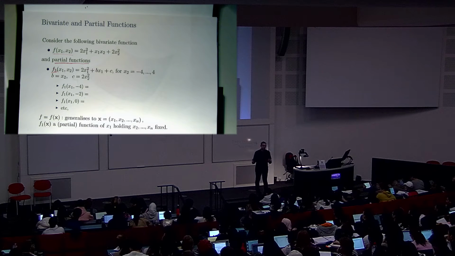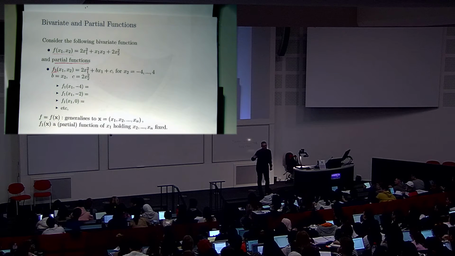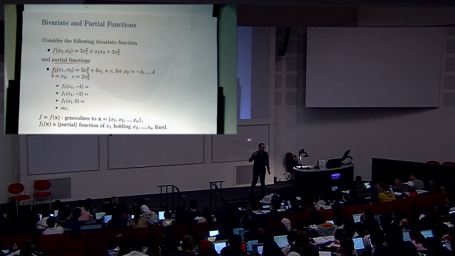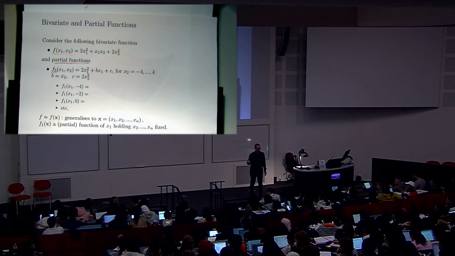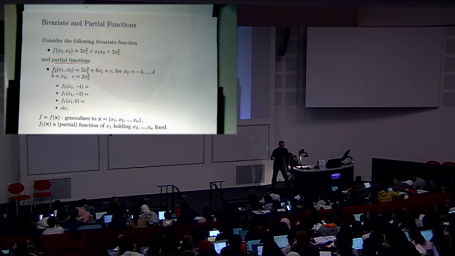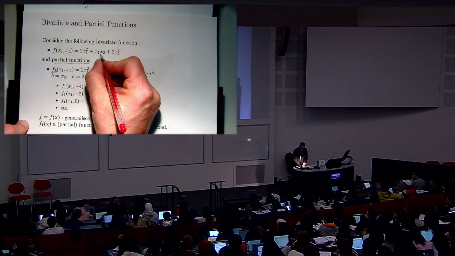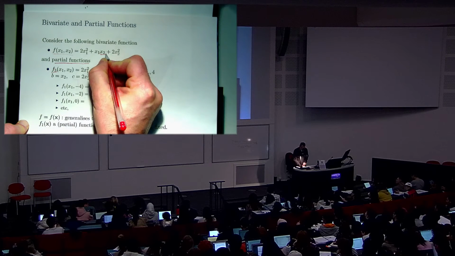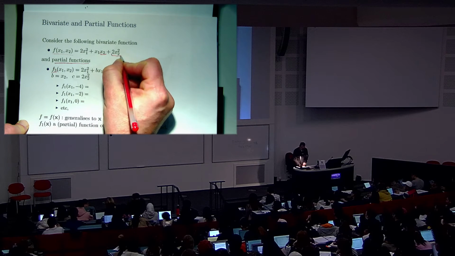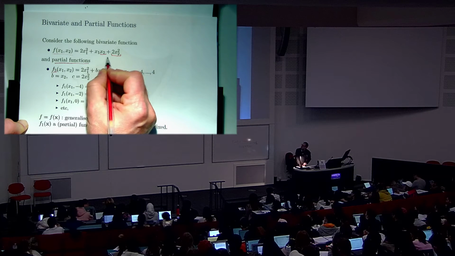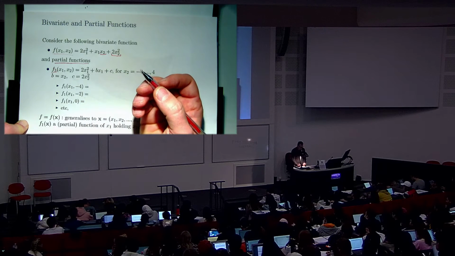It has 2 arguments, but for argument's sake, we are only looking at how x1 varies, and we are setting x2 to a constant. So x2 appears twice here, in this term and in this entire term. These 2 terms we will now treat as a constant.